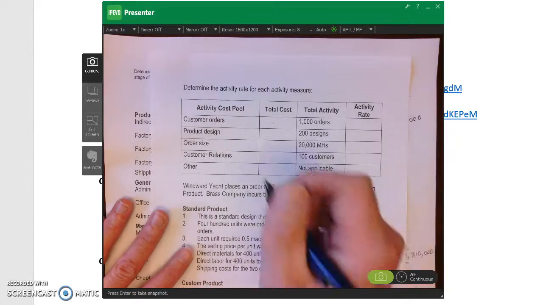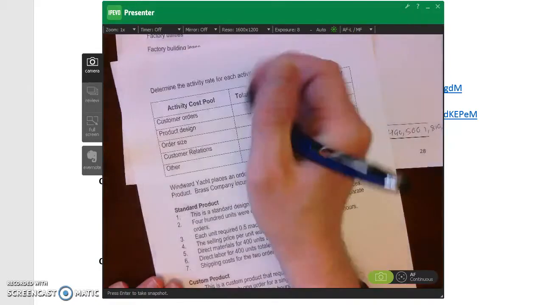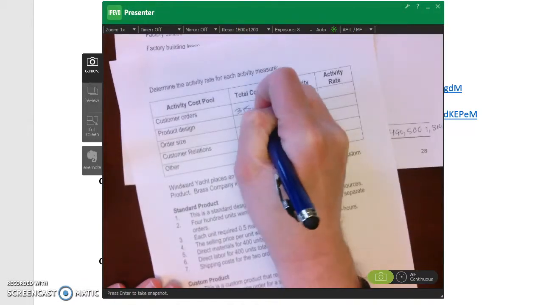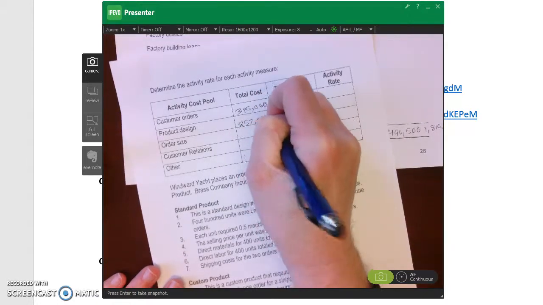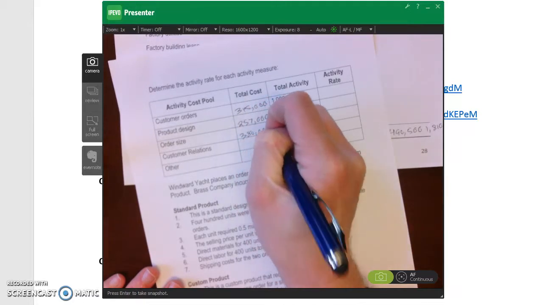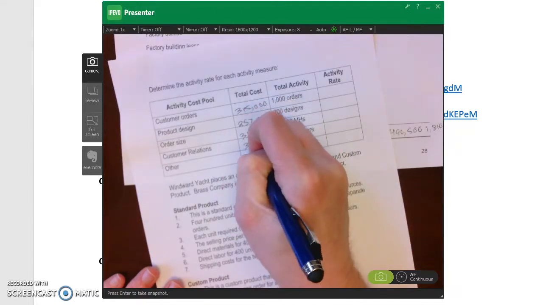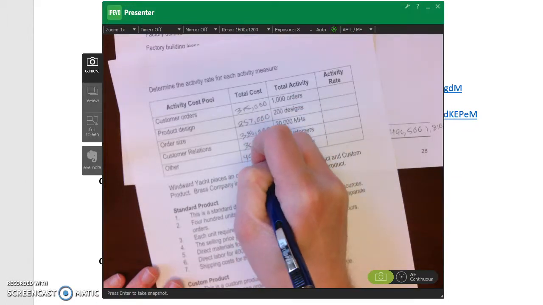Okay, so we come over here, if we look back over here, remember we had our total cost of customer orders of $315 right over here, and then we have our $257. Then we have our order size at $380, customer relations of $367,500, and then we had our $490,500.